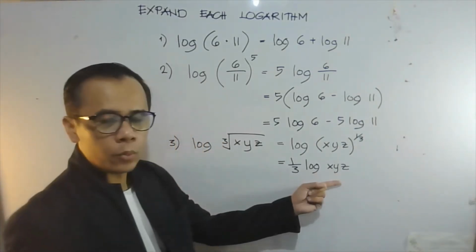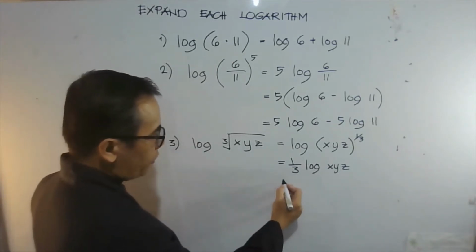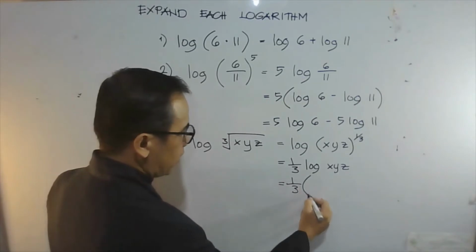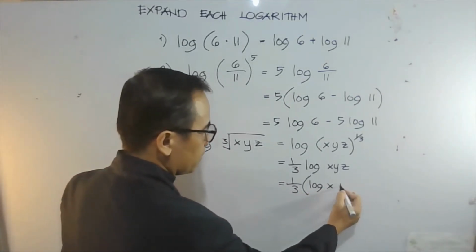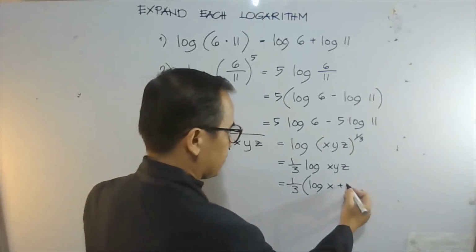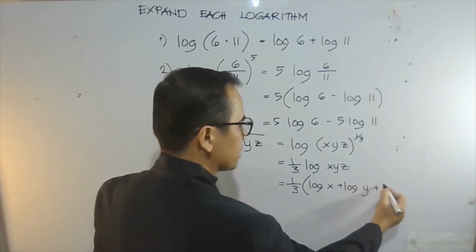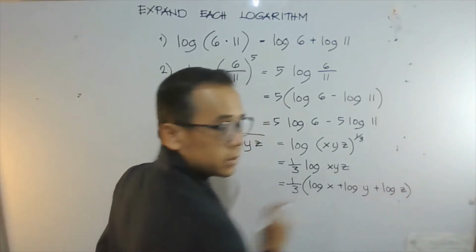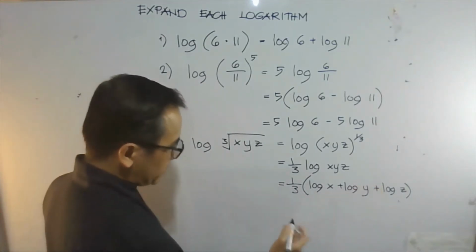In here, we're going to apply the product rule. So this is now equal to 1/3 times the log of x plus the log of y plus the log of z. Now let's distribute the 1/3 to each of the terms.